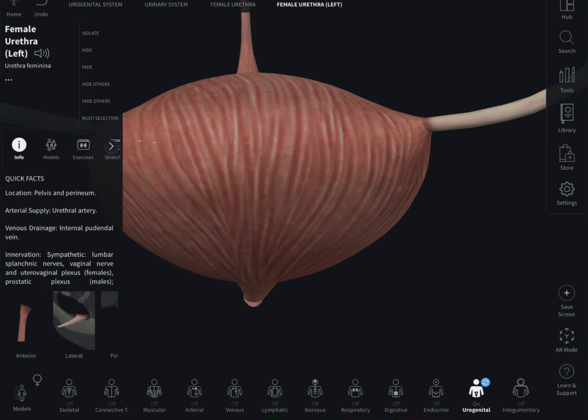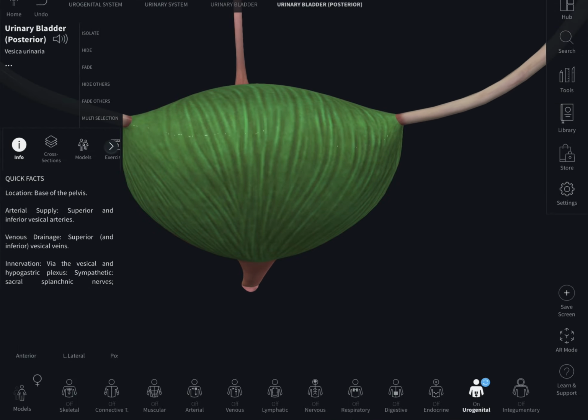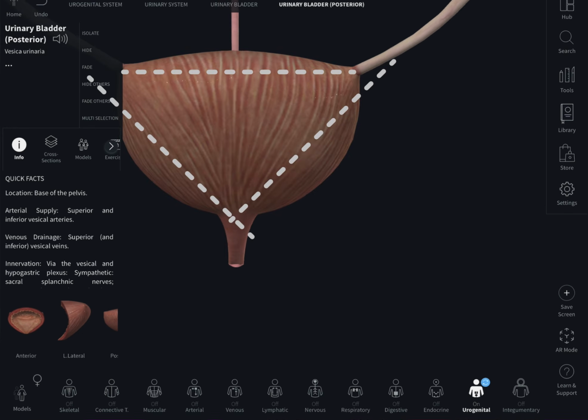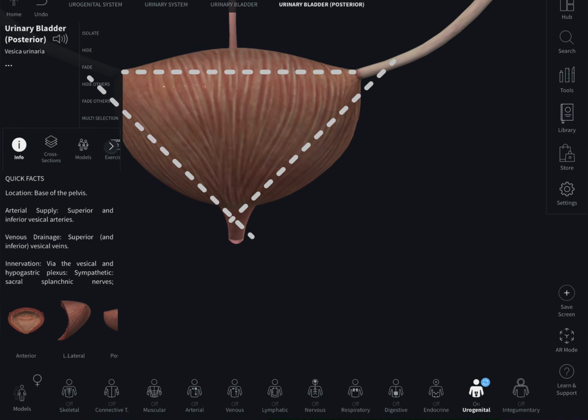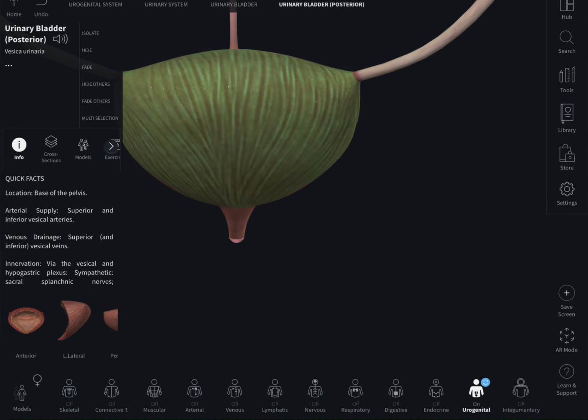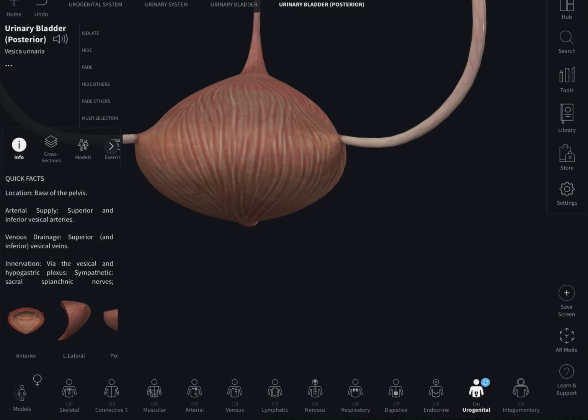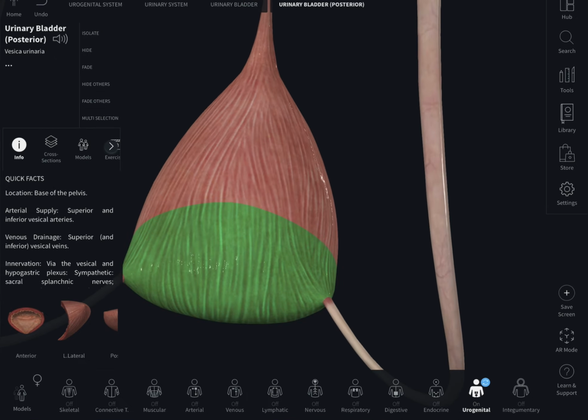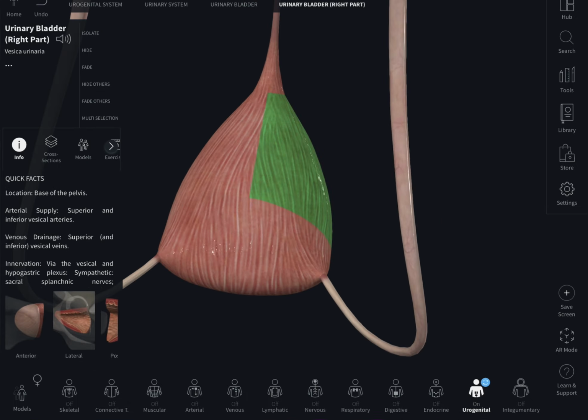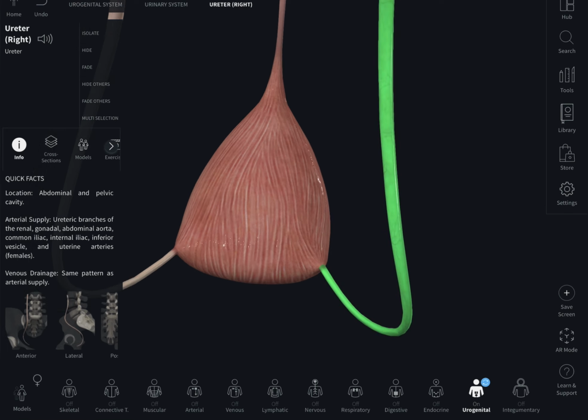And lastly we will see the base. This green area which you can see posteriorly is known as the base or fundus of the urinary bladder. Okay, so we will revise everything. This is the superior surface.